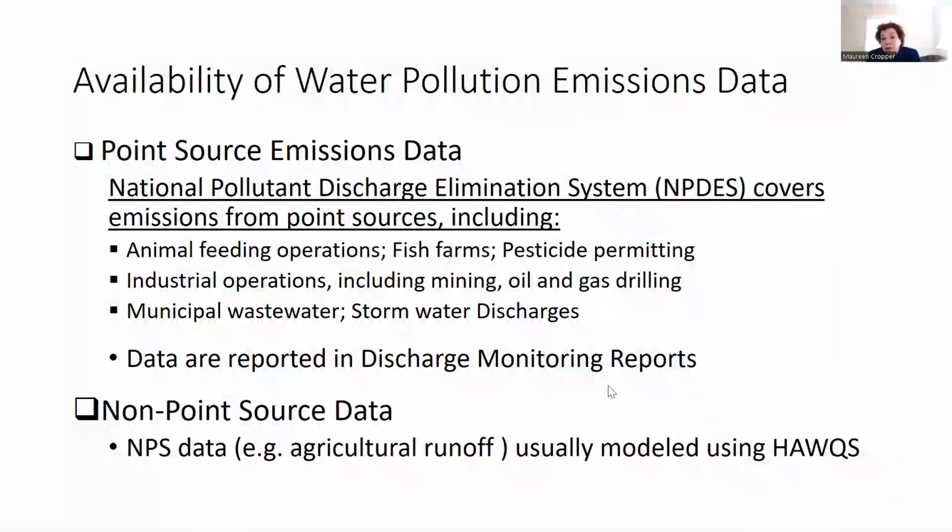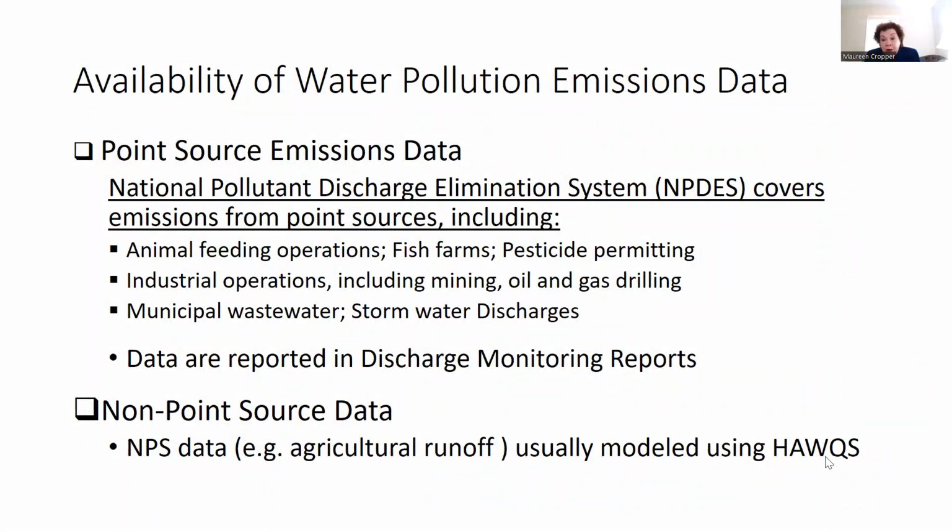So these data are reported in discharge monitoring reports. That's great. We all know that non-point sources, for example, agricultural runoff, are a really important source of water pollution. So how would these be measured?